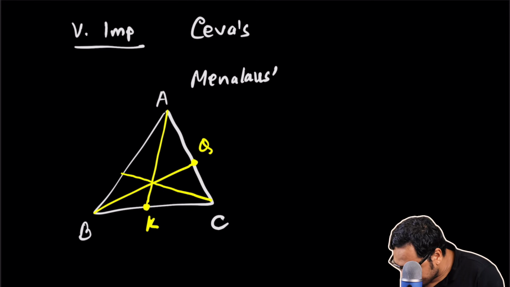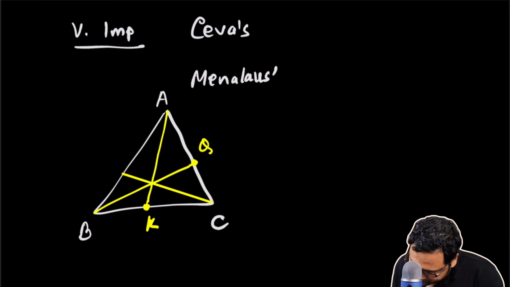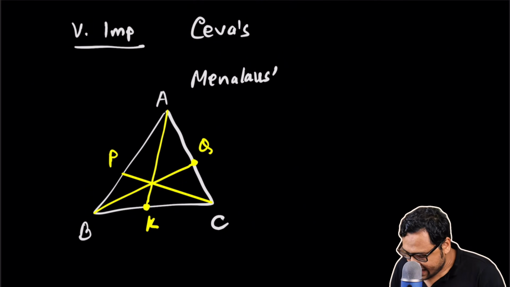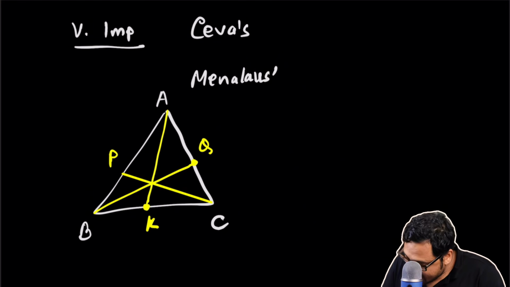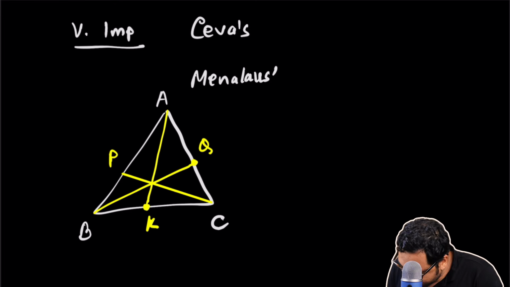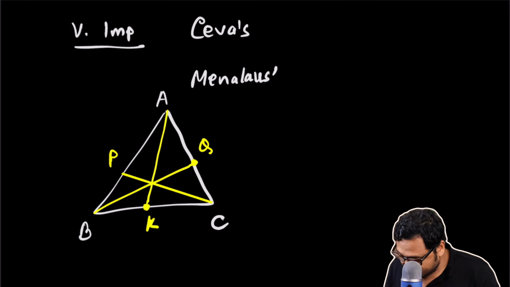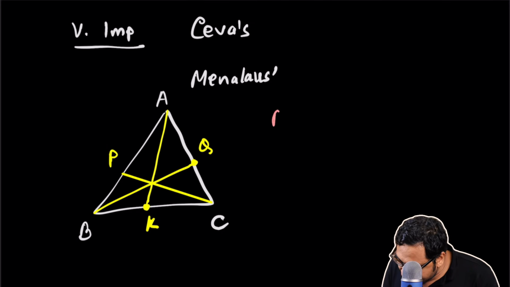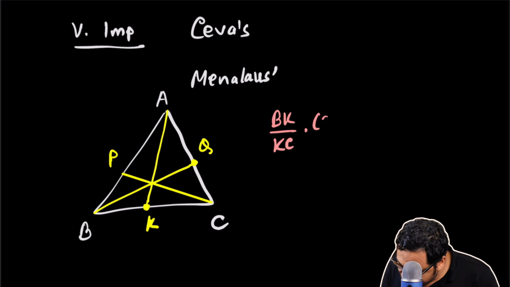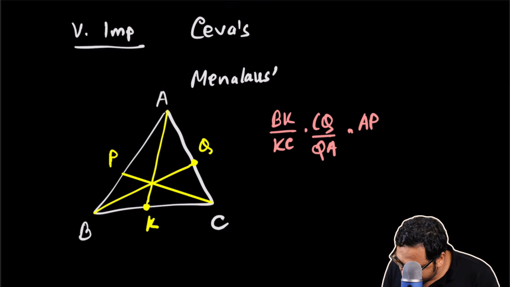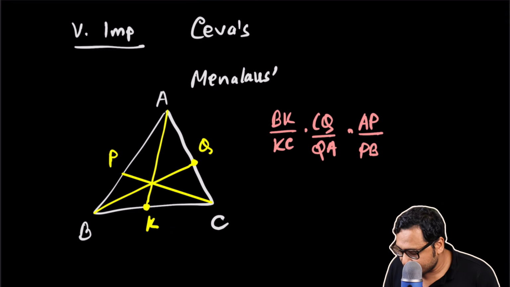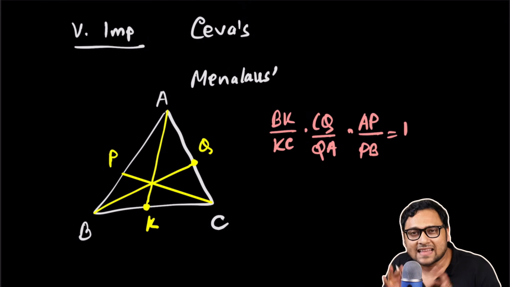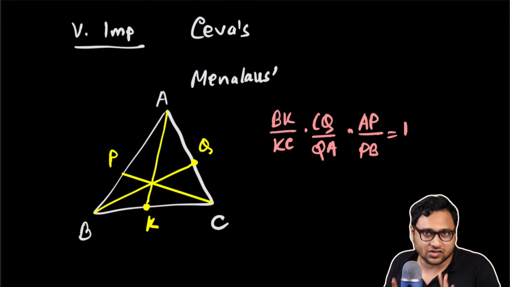Suppose I have 3 lines like this, and I join. Okay, so let's start with Ceva's theorem. It says that BK over KC times CQ over QA times AP over PB is 1. That's the statement of Ceva's theorem.